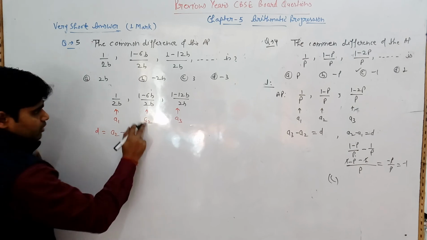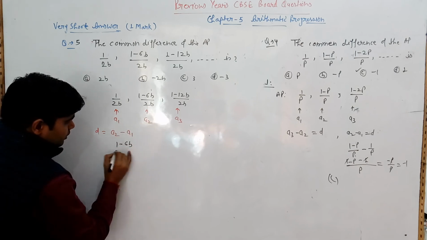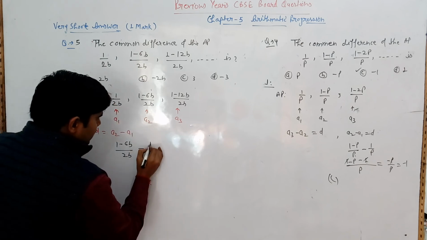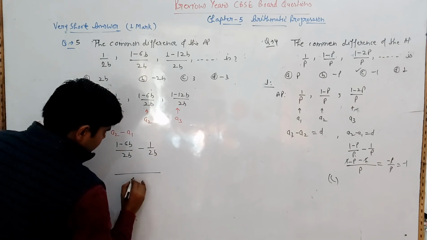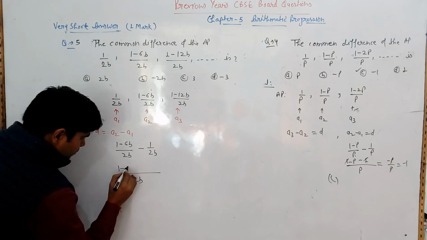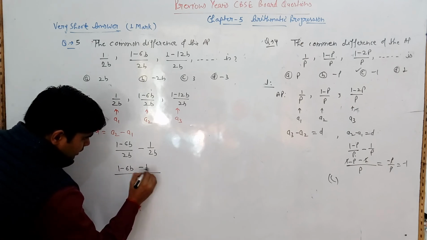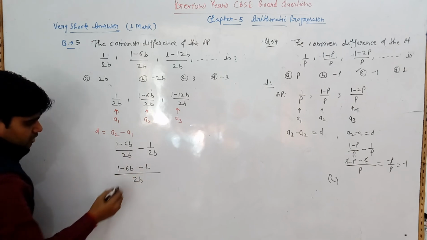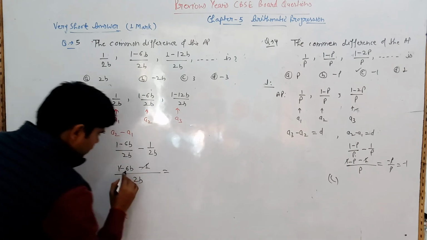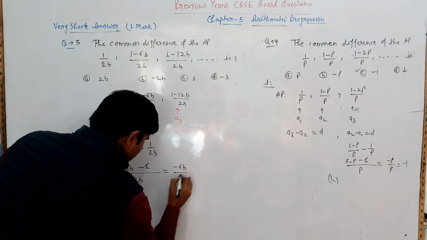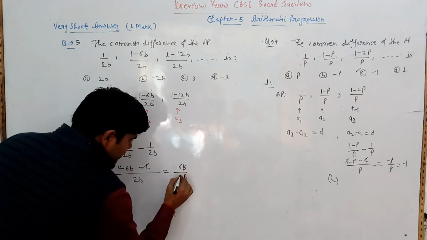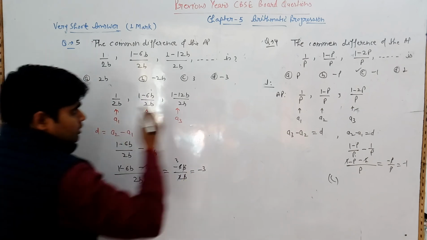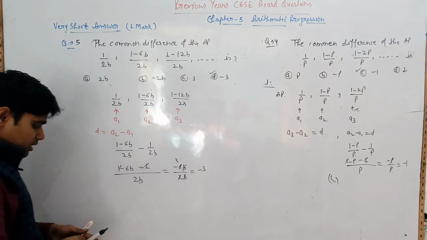So A2 is 1 minus 6B upon 2B minus A1, which is 1 by 2B. LCM 2B: 1 minus 6B minus 1. Understand? Ones cancel out, the value is minus 6B upon 2B. B cancels, 6 divided by 2 is 3. The value is minus 3. Minus 3 is option D. The answer is option D.